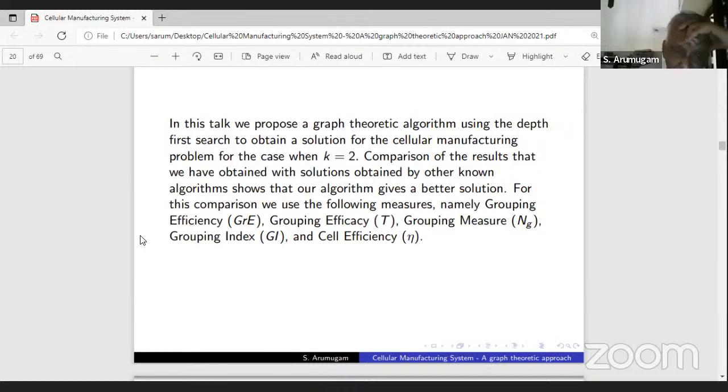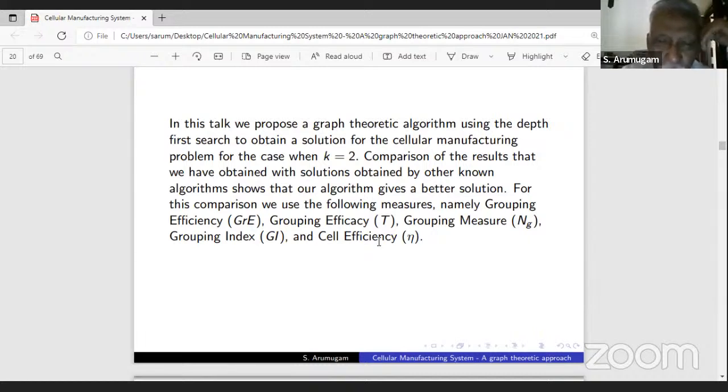Then, mechanical engineering people have developed some numbers called grouping efficiency, grouping efficacy, grouping measure, grouping index, cell efficiency to check how good the solution is.